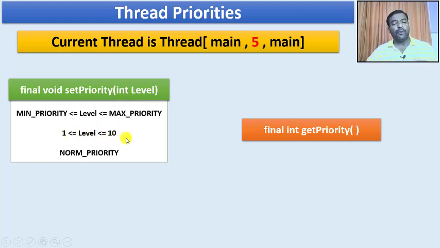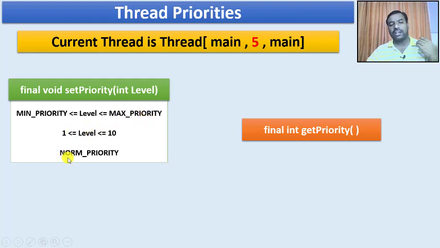And if you want the normal priority to be applied, that is the default priority, just call this method and pass the parameter as normal priority. If you want the least priority, pass it as min priority. If you want the highest priority, pass it as max priority.